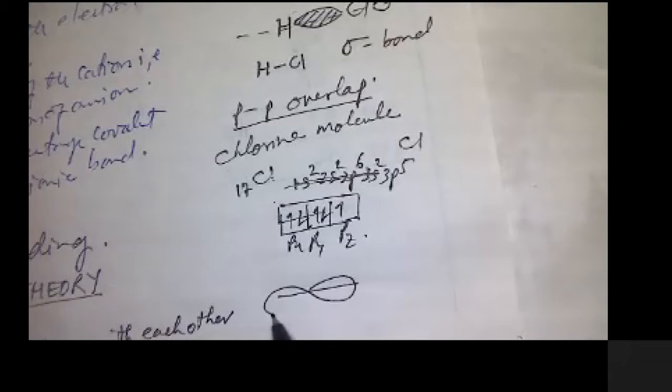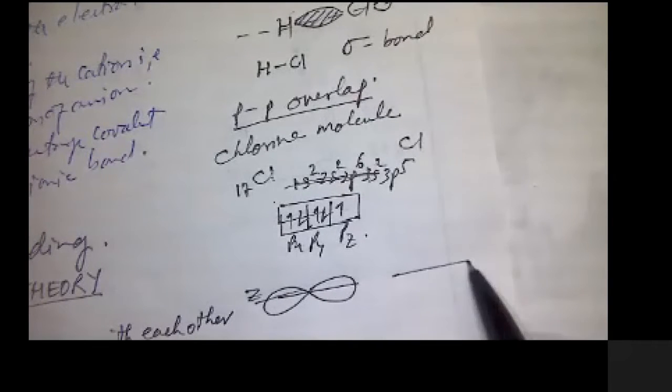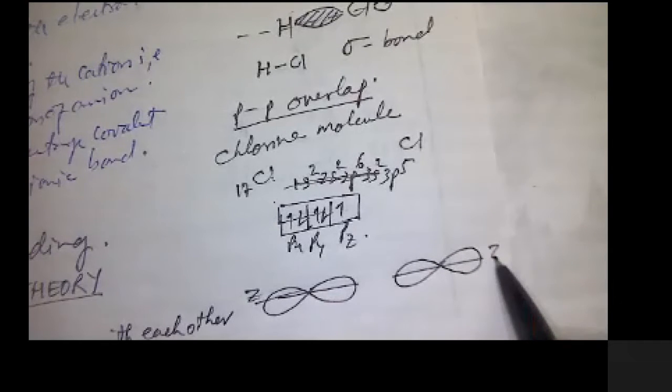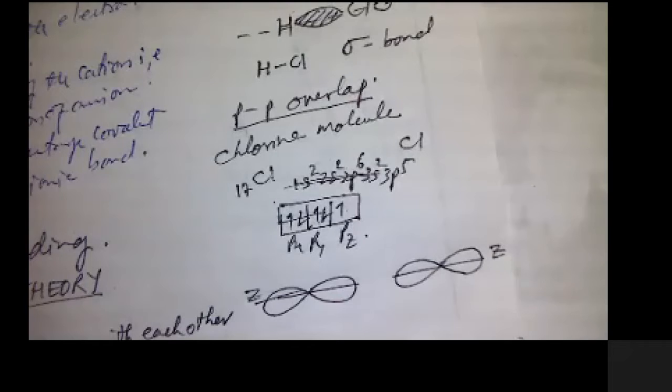So these two are also filled. We don't need. What we need is the unfilled one. So pz is the only unfilled. So here also you have pz. Here also you have pz. So let's take the first one. This is your z-axis. Same way this one also has z-axis, isn't it? Y-axis may be there, y-axis is not used.